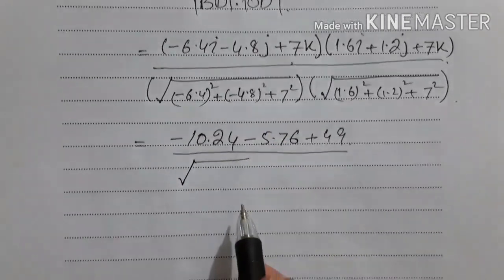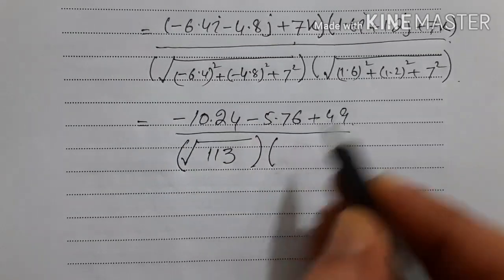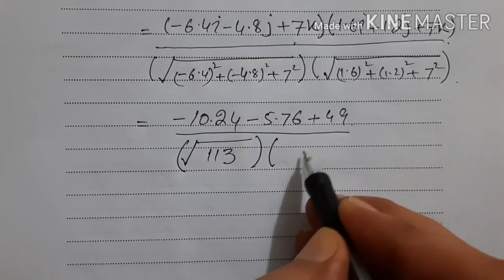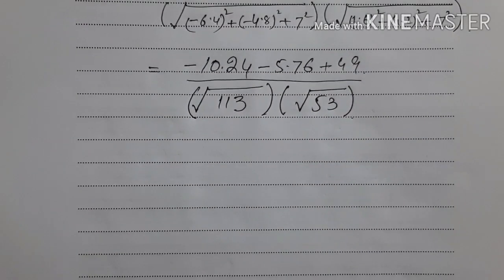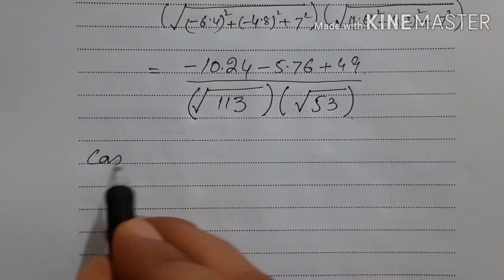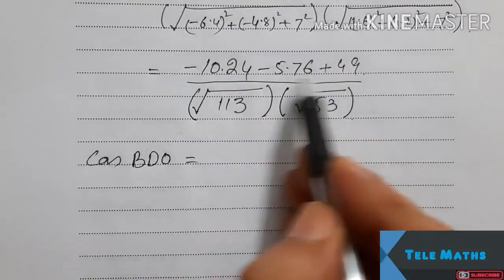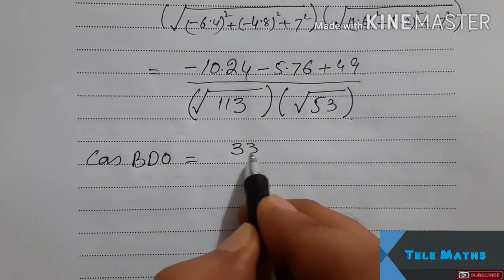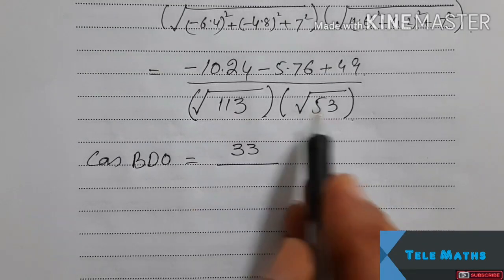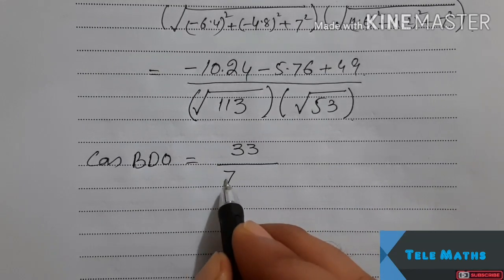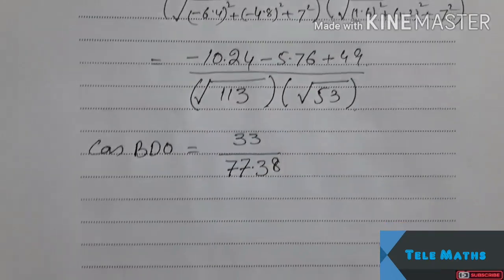After solving, the numerator gives 33 and the denominator gives 77.38 after multiplying them.